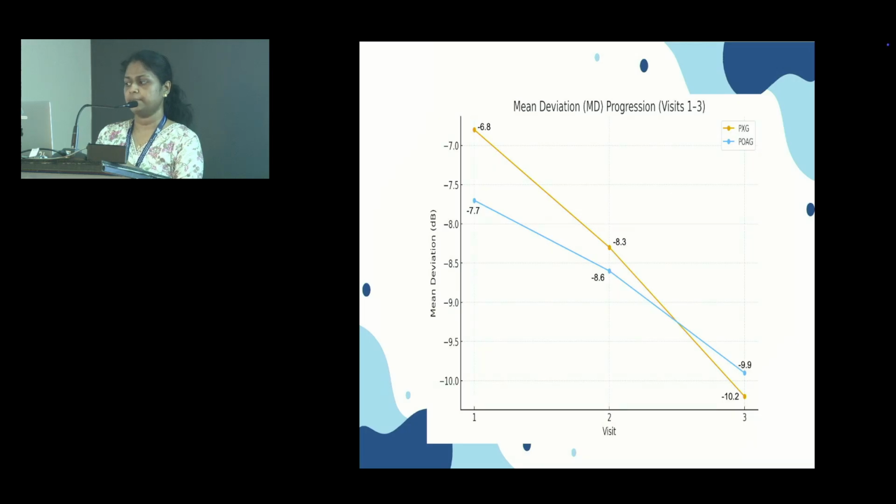In the primary open angle group, it declined from minus 7.7 to minus 8.6 and then to minus 9.9 with a p-value of less than 0.001. The group comparison also showed a significant difference of p less than 0.001, indicating a faster progression in the pseudoexfoliation group than the primary open angle group.